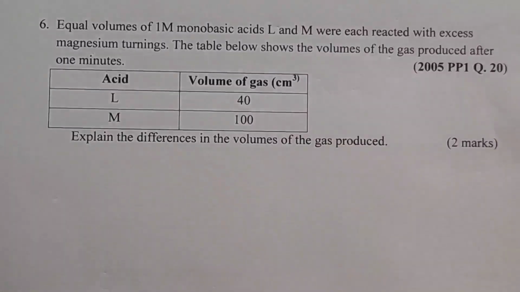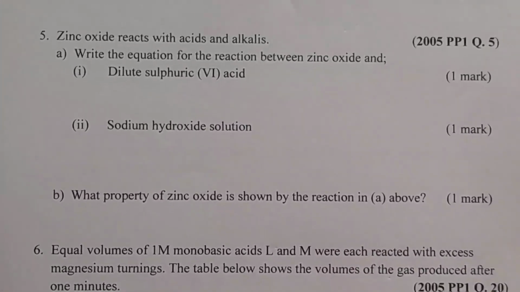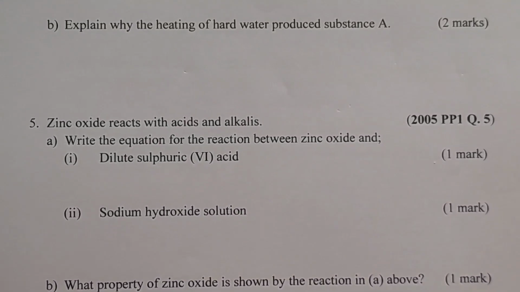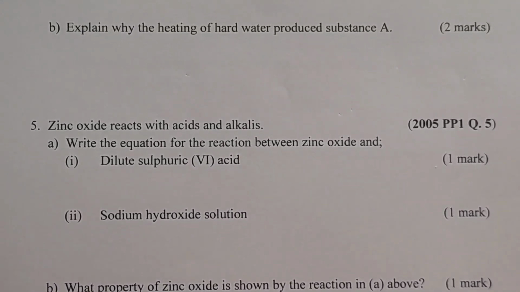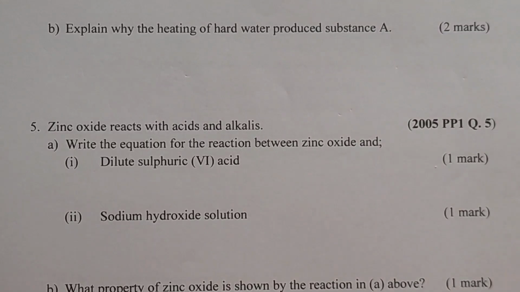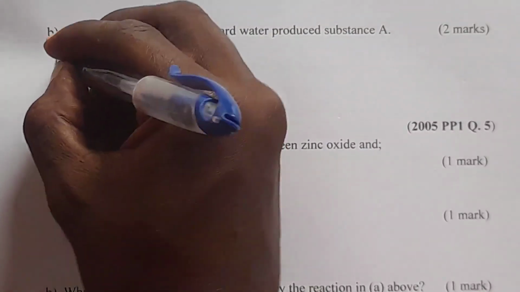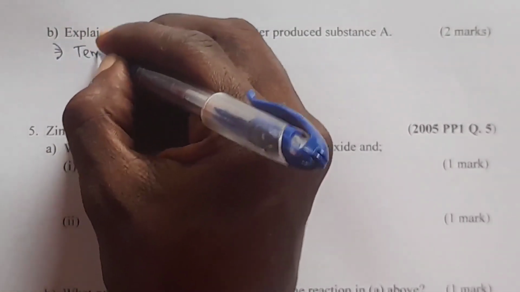Then part B, we are going to go to part B. So in part B, we are told to explain why the heating of hard water produced substance A. So we are going to say temporary hardness. This water contains temporary hard water.